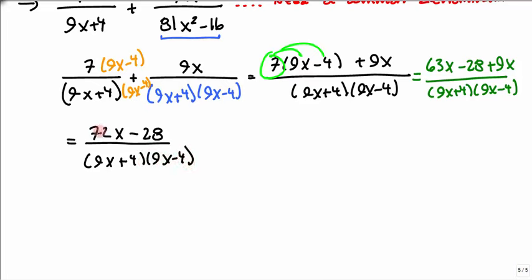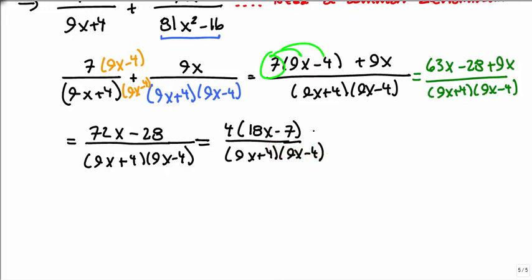It looks to me that both of these are divisible by 2 for sure, even 4. So I could factor a 4 out. If I factor a 4 out, I'm left with 18x minus 7, and then 9x plus 4, 9x minus 4 in the denominator. Now this will not factor any further. This is my simplified form.